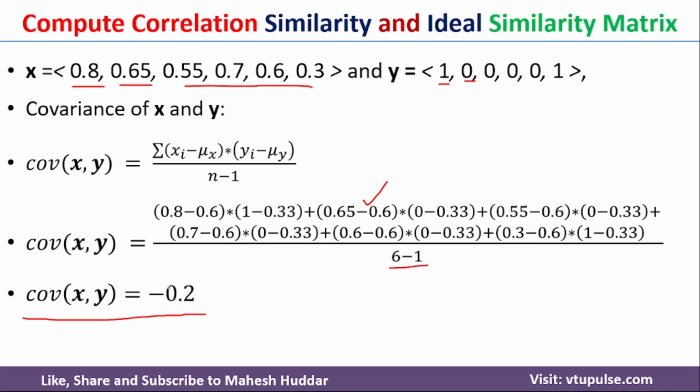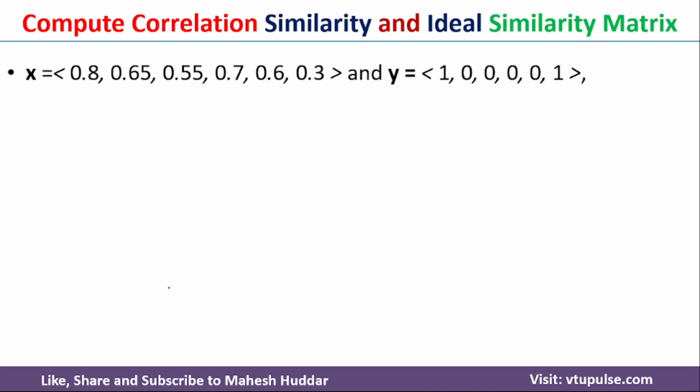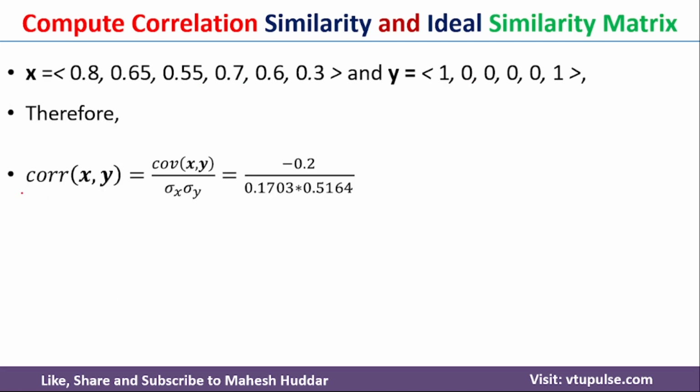Once you get the covariance, you can calculate the correlation. The correlation between x and y is always equivalent to the covariance between x and y divided by the standard deviation with respect to x multiplied by the standard deviation with respect to y. The covariance we have already calculated, and the standard deviations with respect to x and y are also calculated.